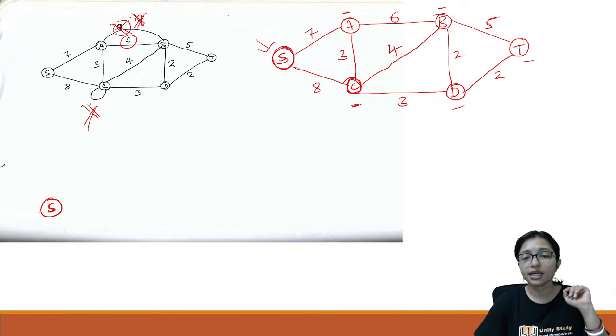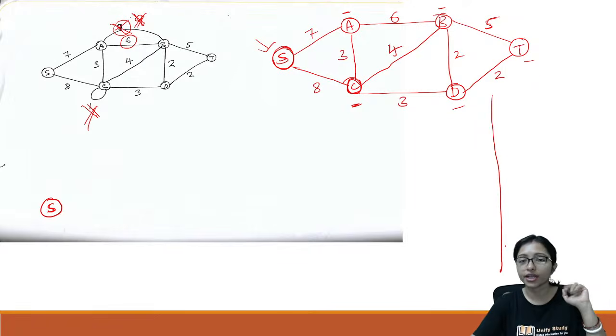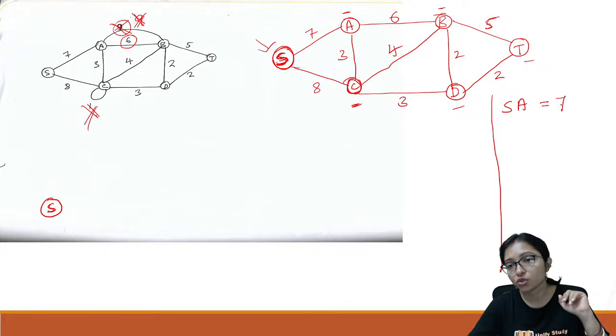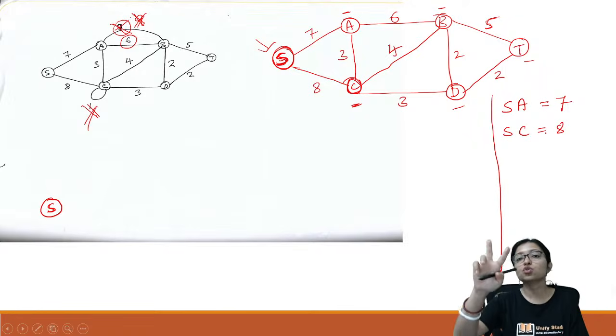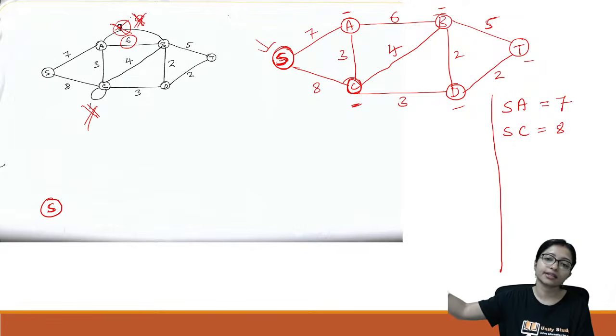Whenever you are starting with S, now you can create the list. How to create it? With S, what is connected? Which ones are connected with S? SA, that is 7, SA equals 7, that is the minimum one, and SC, that is 8. These two only are available to you. You cannot write any other than that.